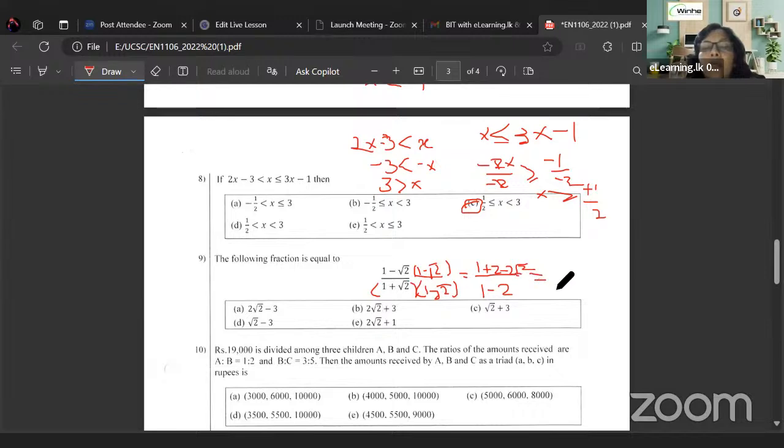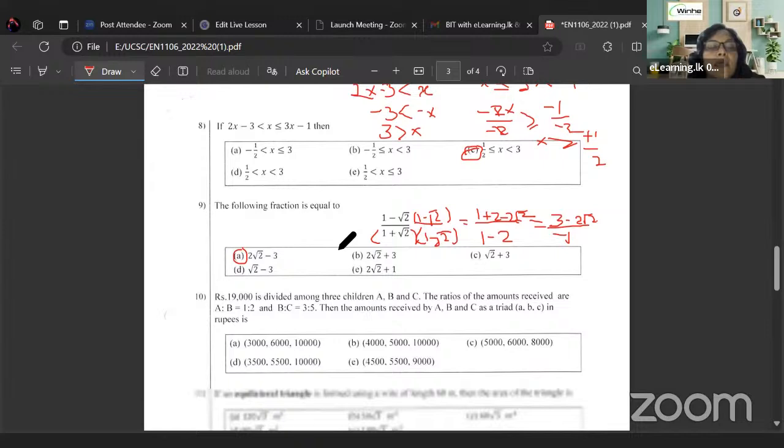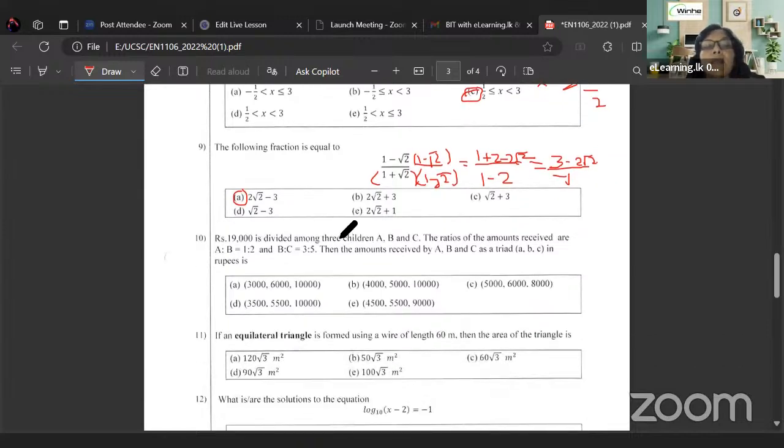Now the denominator will become minus 1. Numerator will become 3 minus 2 into square root 2. We multiply upper part and lower part by minus, then 2 into square root 2 minus 3 will be the answer. Right. Now move to next one.